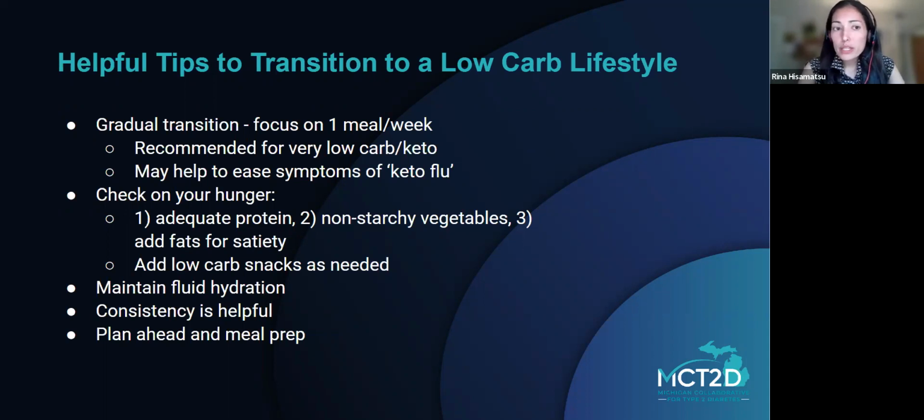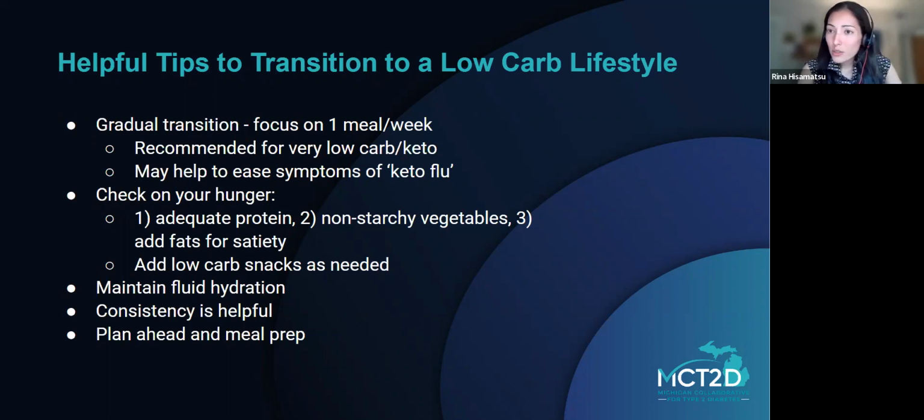Another helpful tip is to check on our hunger. I can't stress this enough, but in a low carbohydrate lifestyle, we oftentimes encourage patients to really listen in and be more mindful about their hunger and fullness cues, because that can really help to determine whether or not any adjustments need to be made to their meals that day.